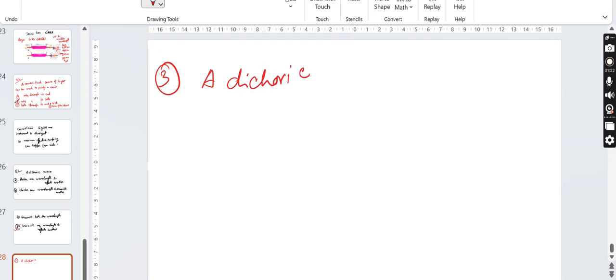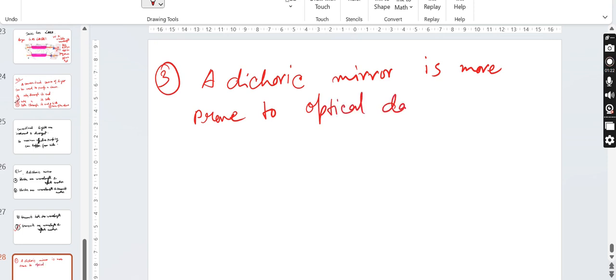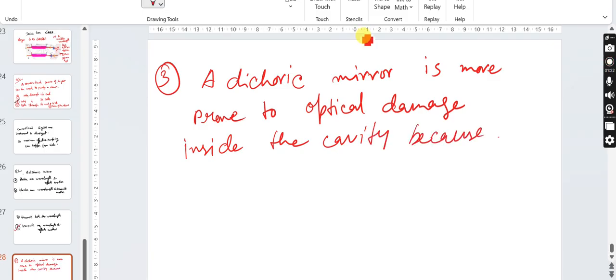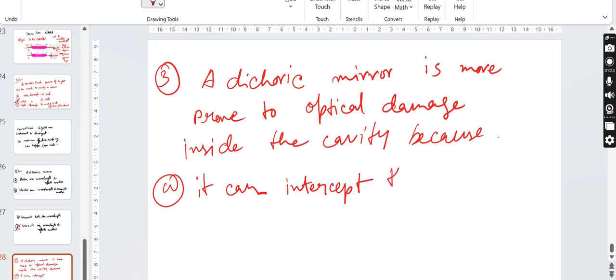Question three. A dichroic mirror is more prone to optical damage inside the cavity because A, it can intercept the nodal plane.